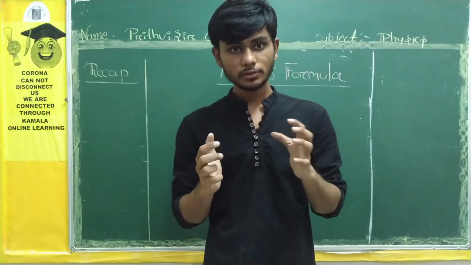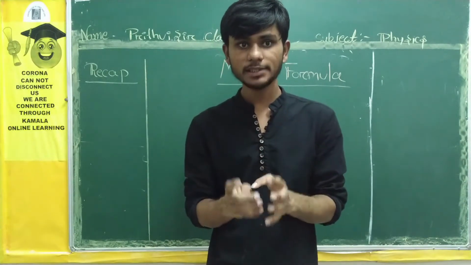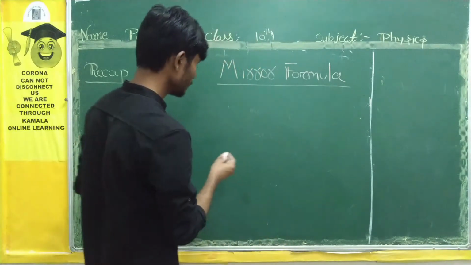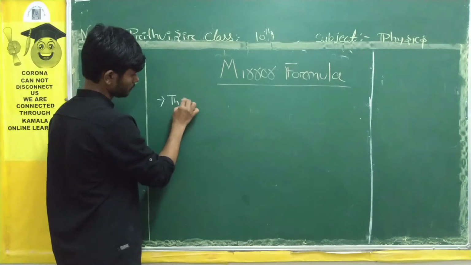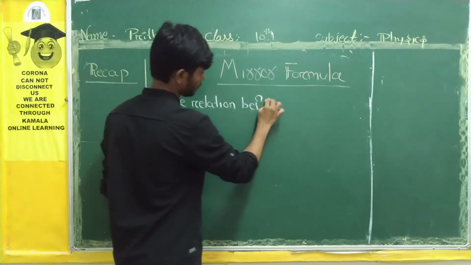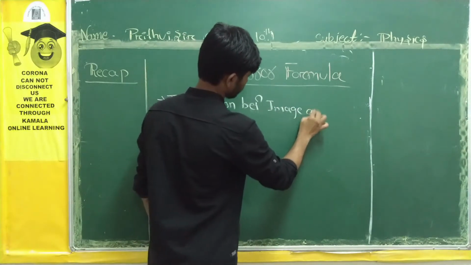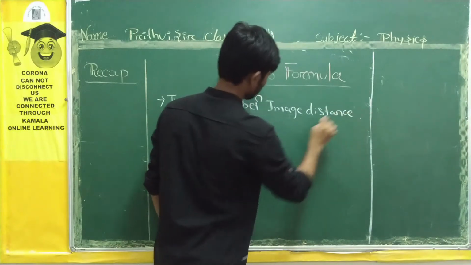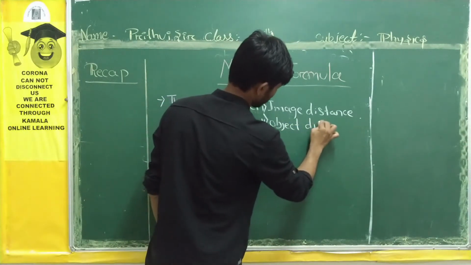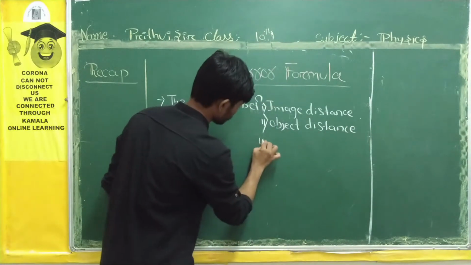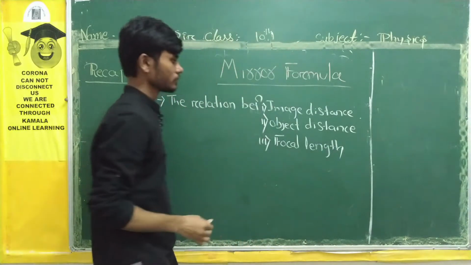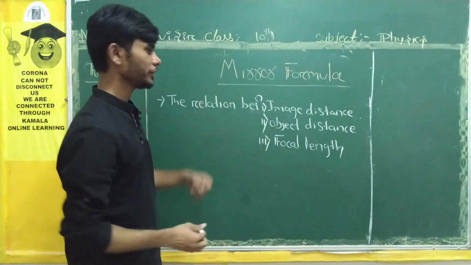The relation between image distance, object distance and focal length is known as mirror formula. Let me write here.